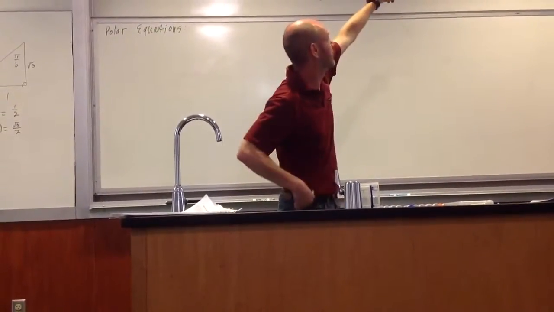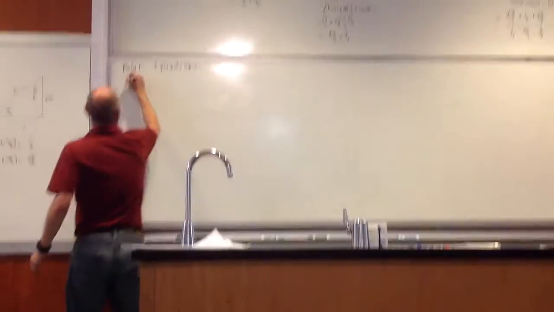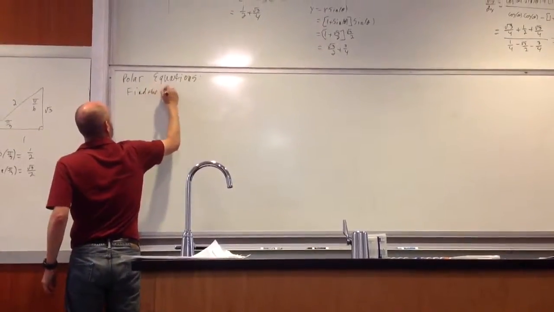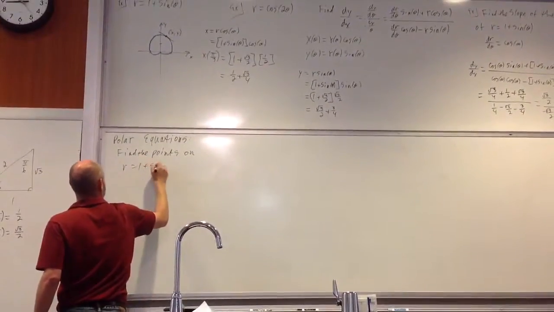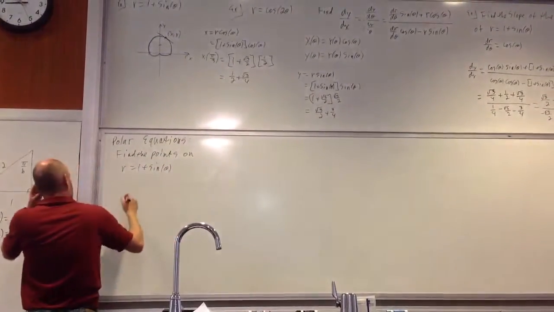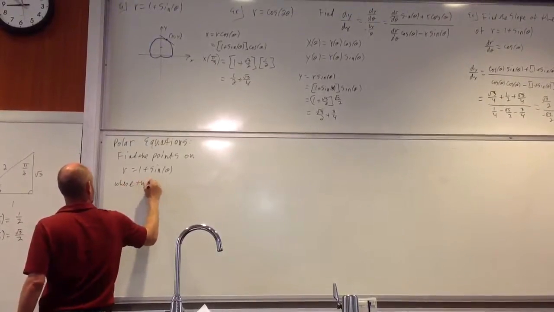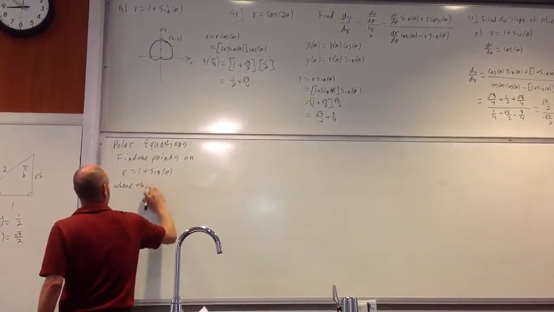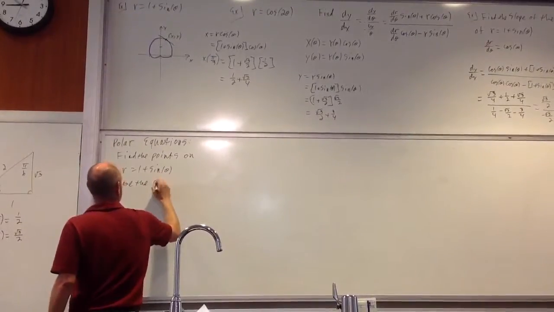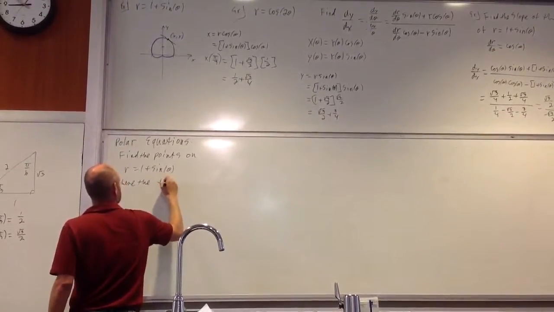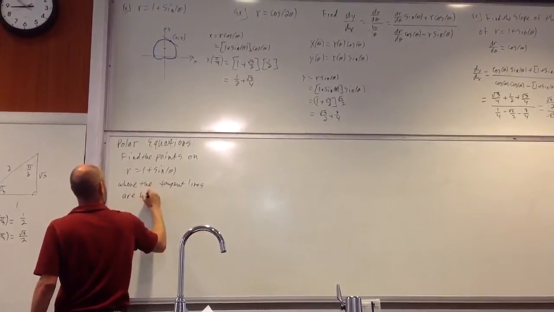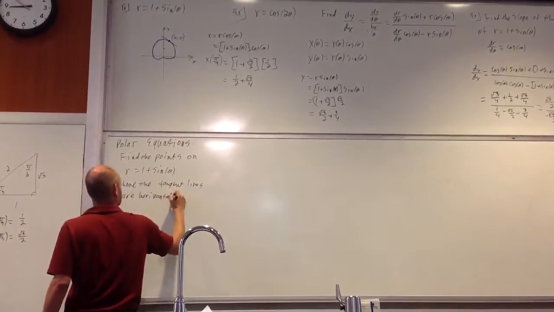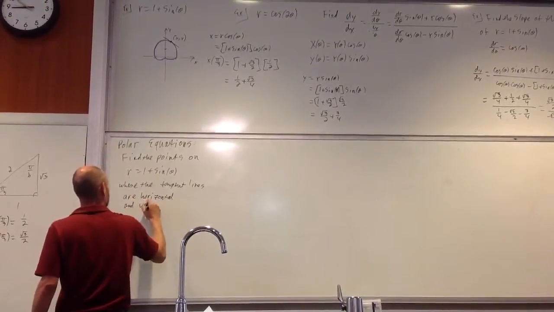We're still going to base it off of this same graph here, but I want to find the points where the tangent lines are horizontal and vertical.